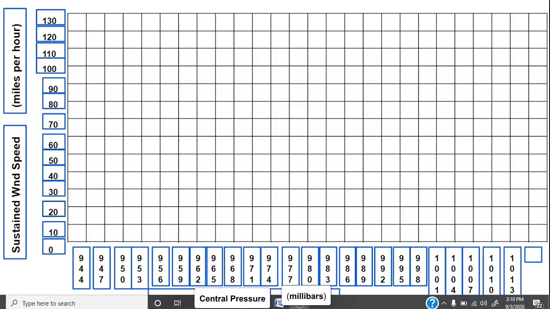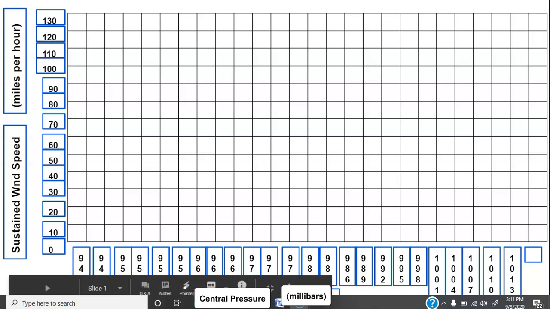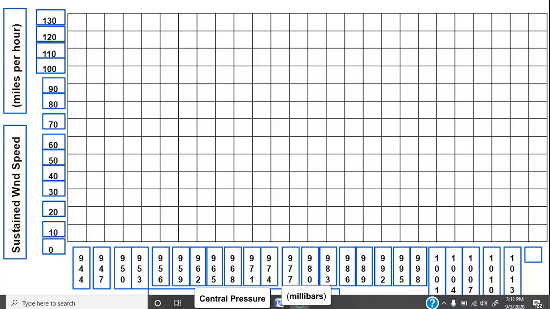All right, so on the x-axis, you can see the pressure in intervals of 3. Now notice on the left side, I didn't start at 0. This isn't a realistic measurement to start at 0 with. I started at 944 millibars, and my pressure counts in intervals of 3 all the way up to 1013 millibars.